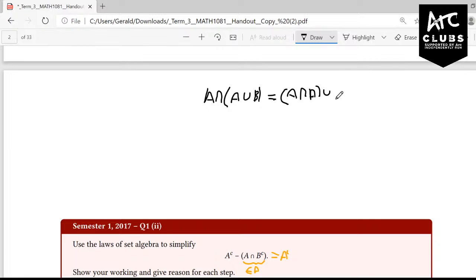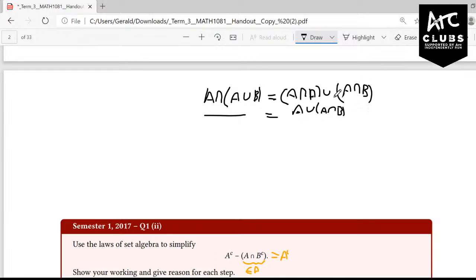If we expand it out, we get the same thing here, A union A and B. So now what we get here is another version of the absorption law.